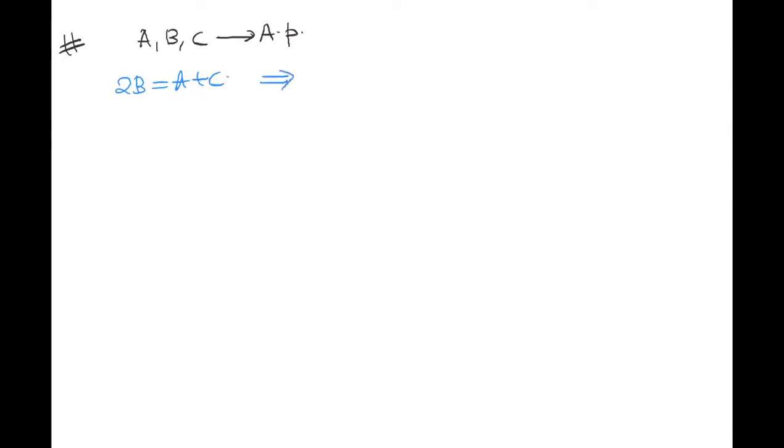I can make this information symmetric by adding B to both sides. So I will get 3B is equal to A plus B plus C, and these are the angles of the triangle, so this must be pi. So B is equal to pi by 3.